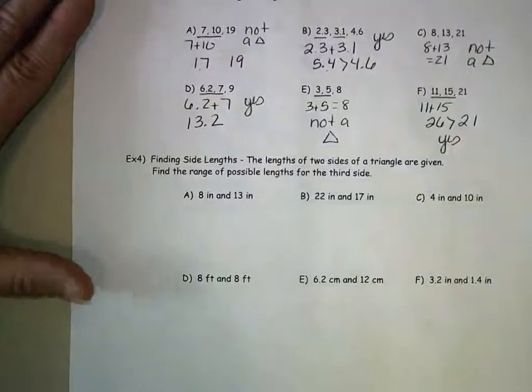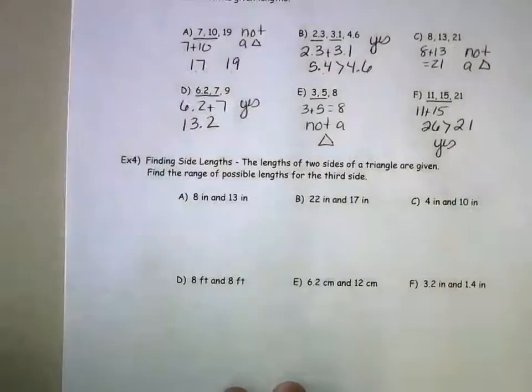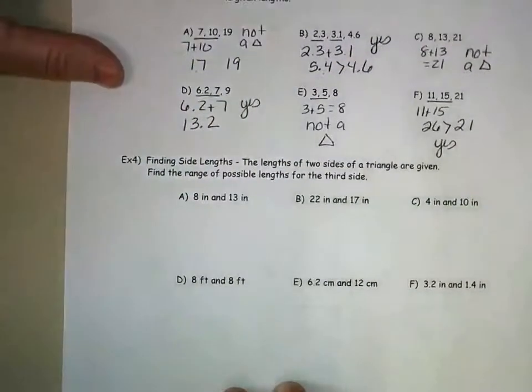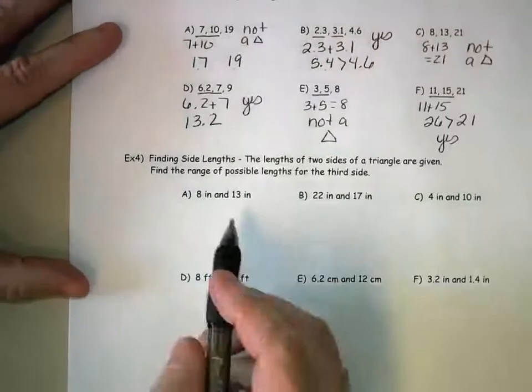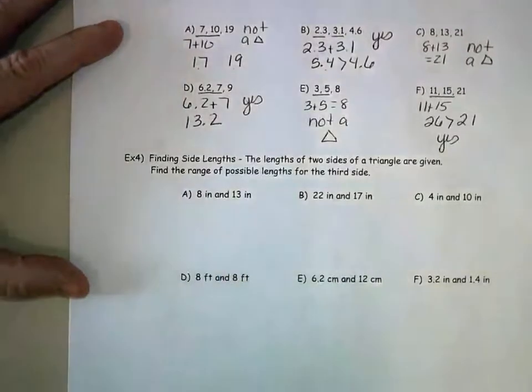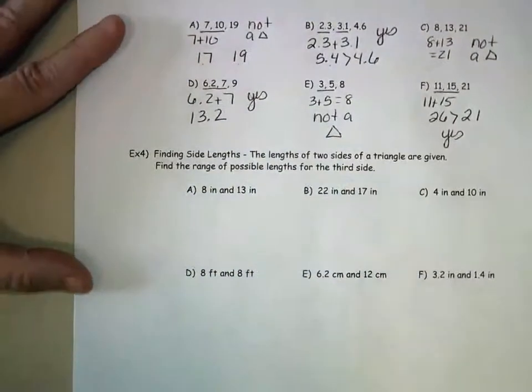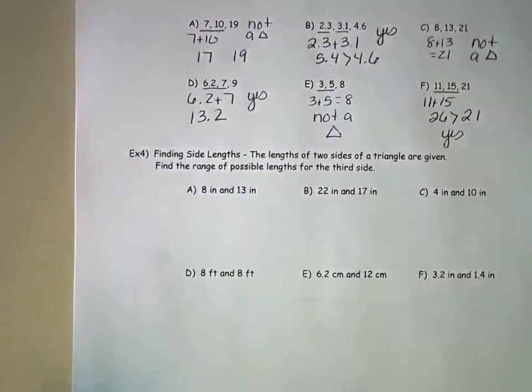And the last thing we're going to do is find the side lengths. 8 and 13 are two of the sides, and you can come up with a range of values. You can't tell me exactly how big the side is, but you can come up with a range of values.